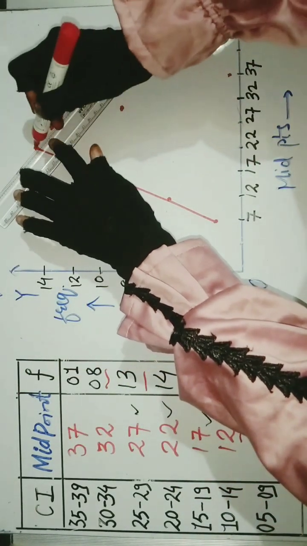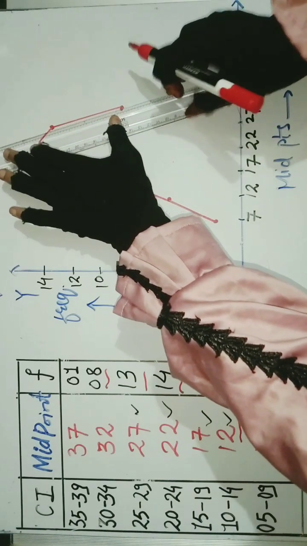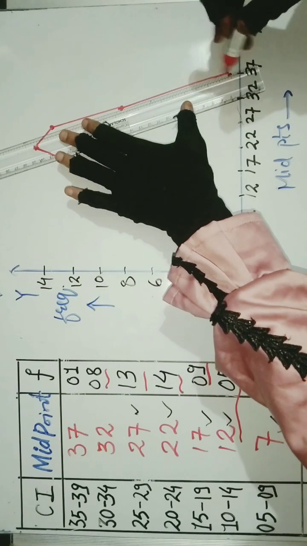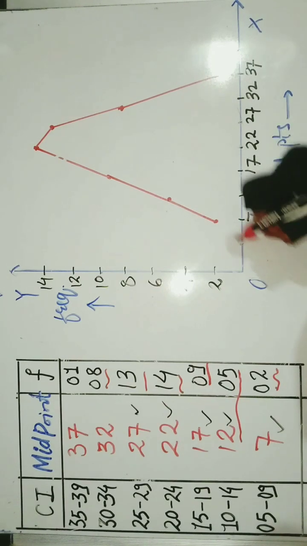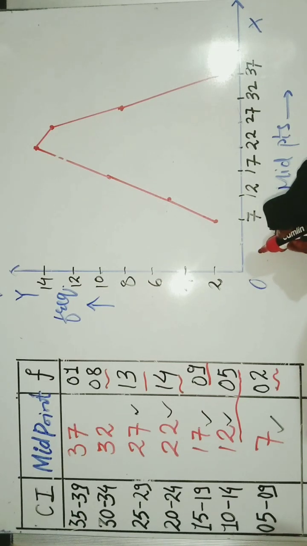So here the polygon must be a closed figure. After joining the points, you have to include the smallest midpoint to join this last point with the x-axis.